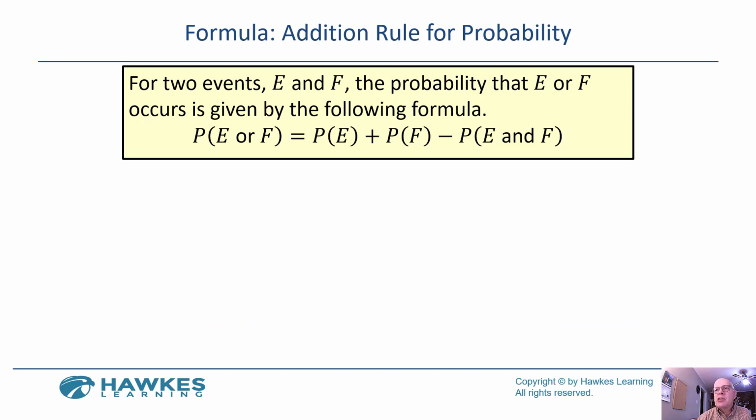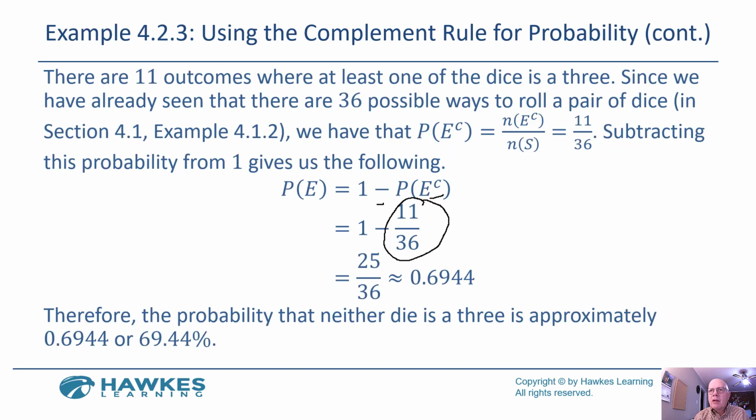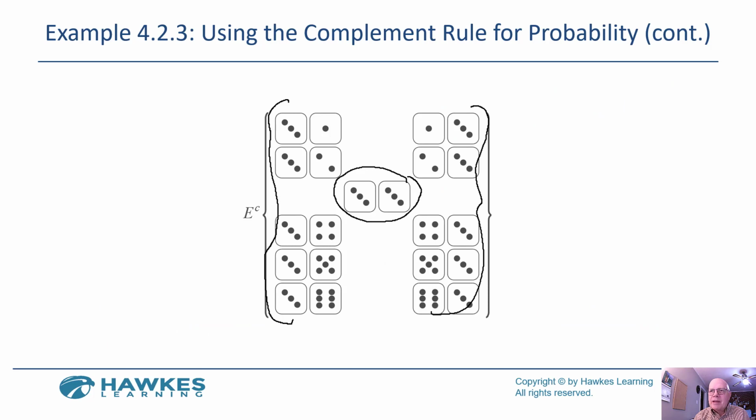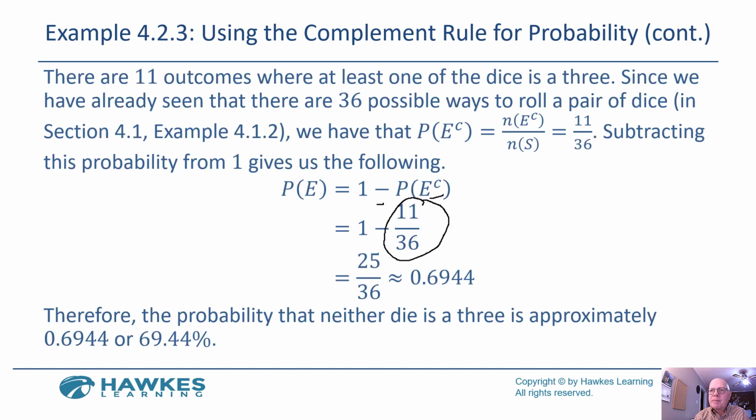Now here is the addition rule that we've been getting to. If we want the probability of two events, and we want the probability that either one of those events happens, the addition rule says just add the two probabilities. However, notice in the last one, we had threes happening two different ways.